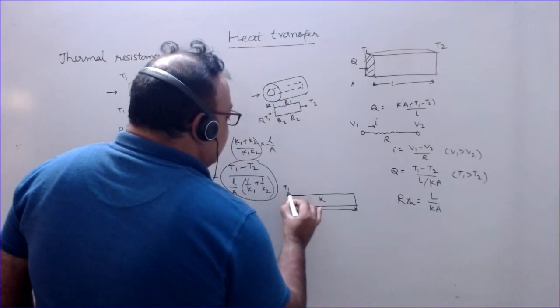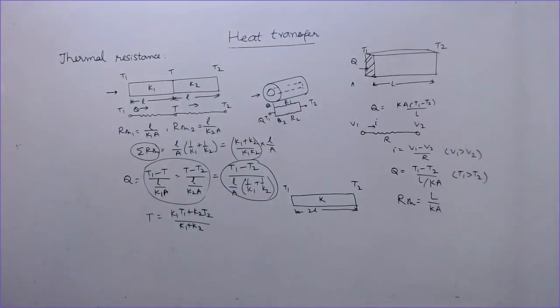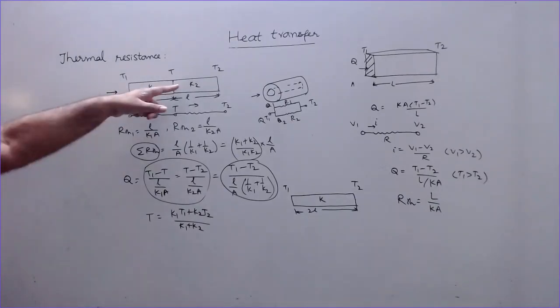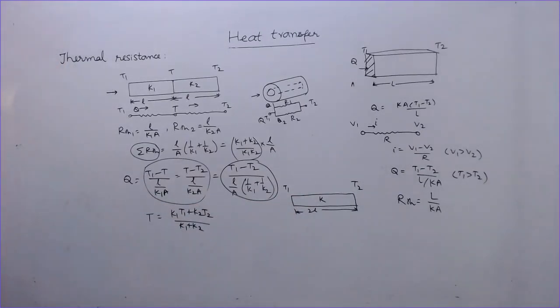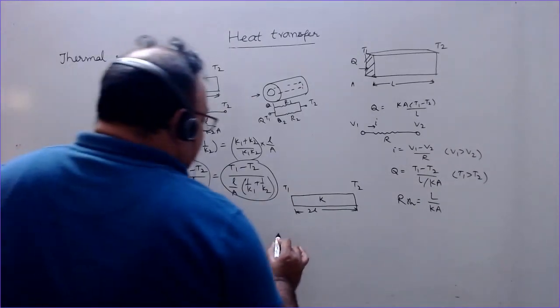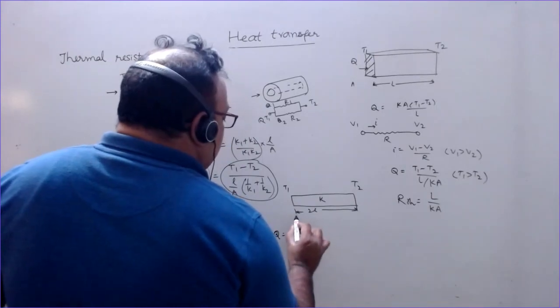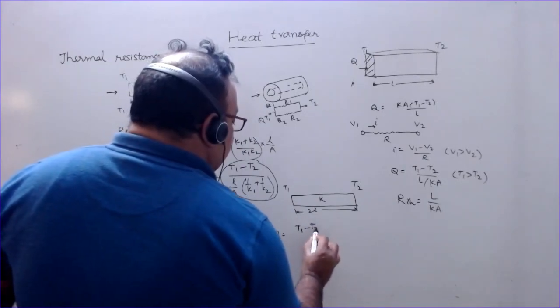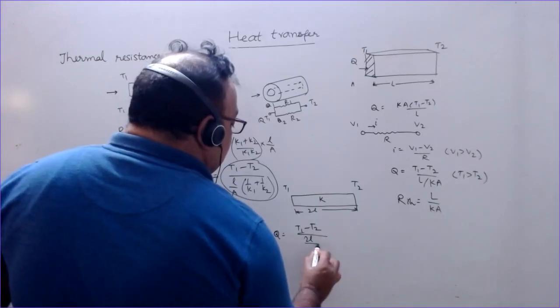Area of cross section is A, and the two ends are maintained at the same temperatures as in this case. In place of these two we have taken a single rod with thermal conductivity equal to K. Now in this case I can write down that heat flowing through this is, temperature difference is T1 minus T2, and the thermal resistance is 2L divided by KA.